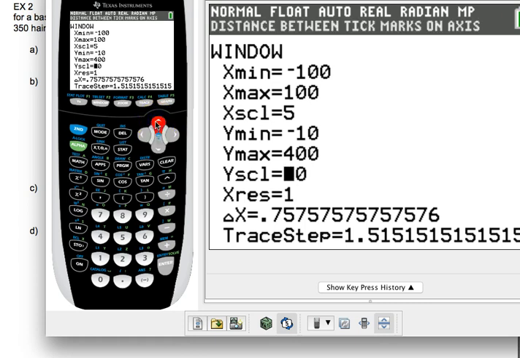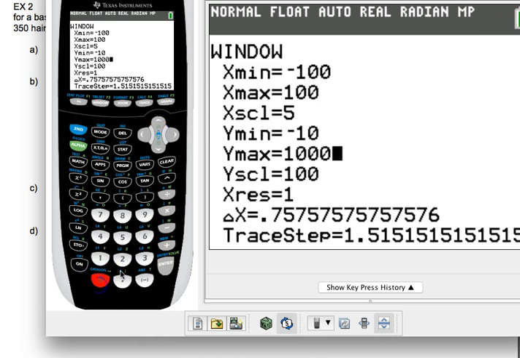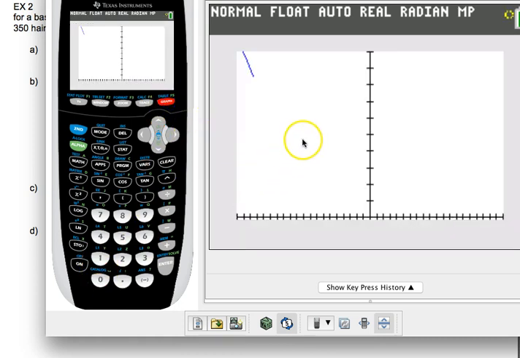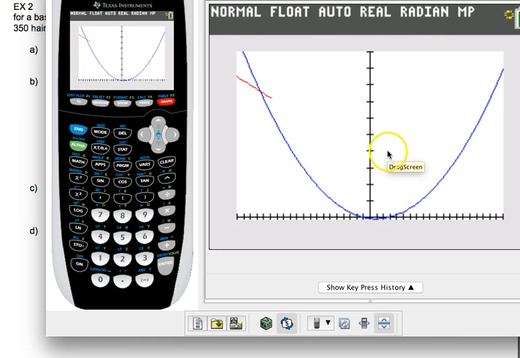And you can see it's way up higher than 400. So I'm going to change my Y max to 1,000 and counting by hundreds and see if I can see the other intersection at this point. I can, hooray.